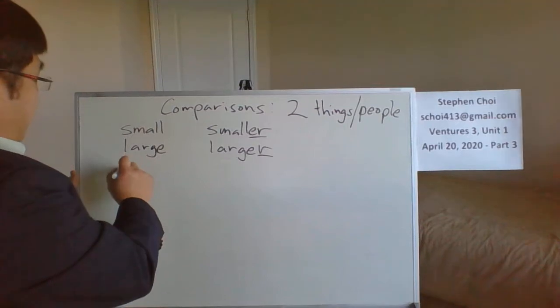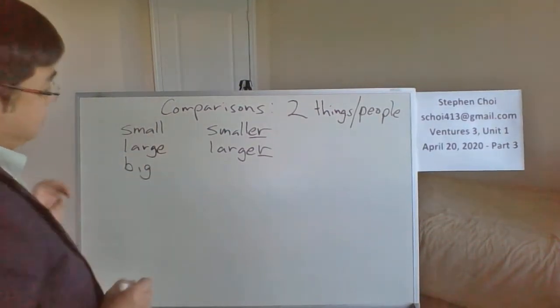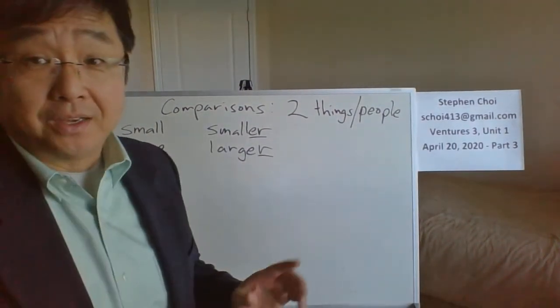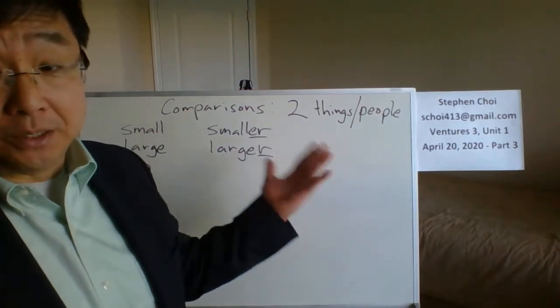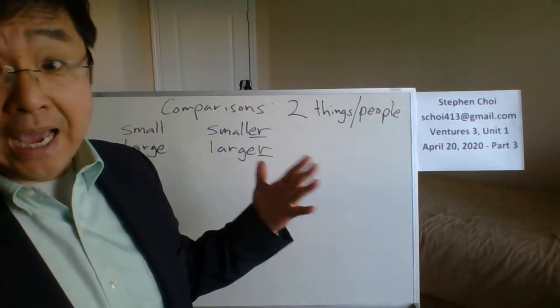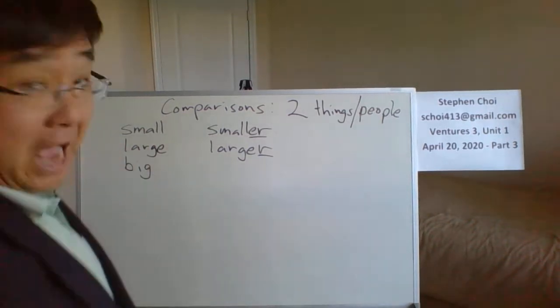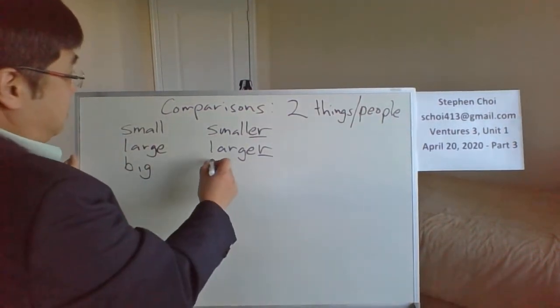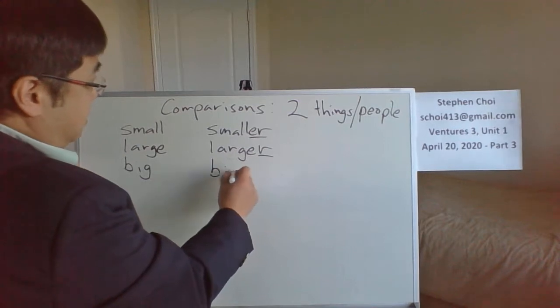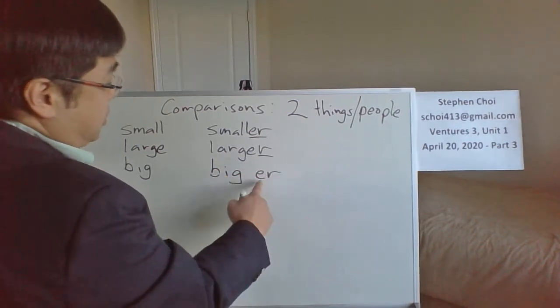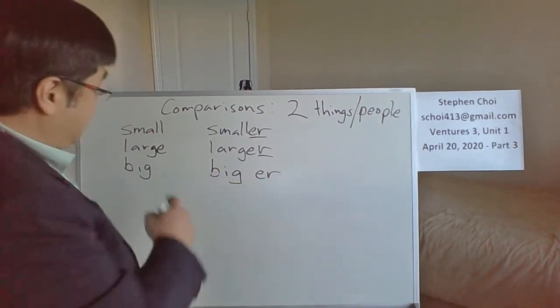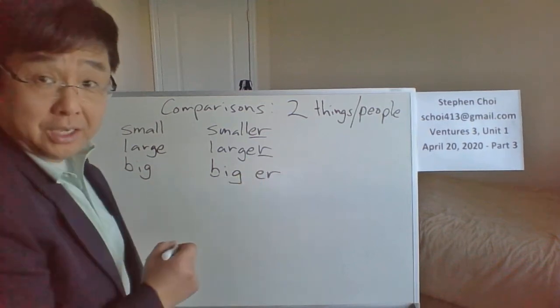What if I say big? This is just like the ing forms. You have to put an extra consonant. So instead of simply ER, you gotta put an extra G. Why?